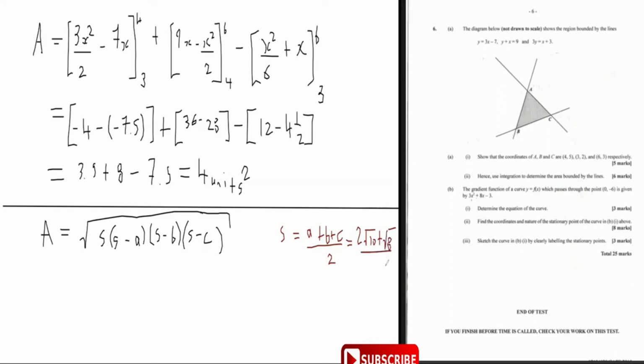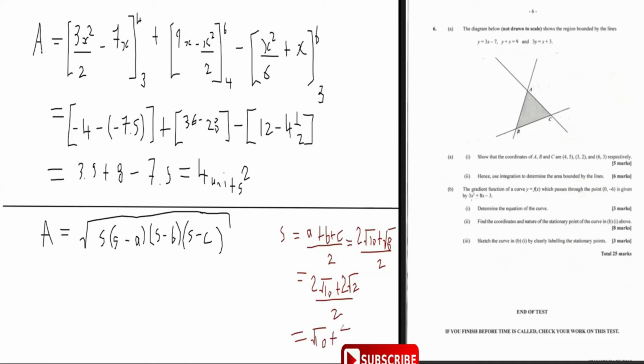Now root 8 is 2 root 2, and so we can rewrite this as S is equal to 2 root 10 plus 2 root 2 over 2. And when you do the division, you're going to get that S is just root 10 plus root 2.